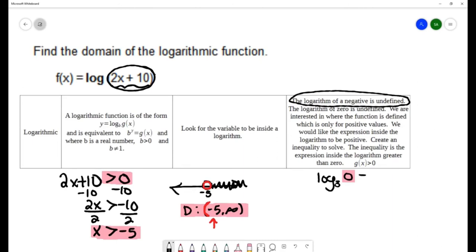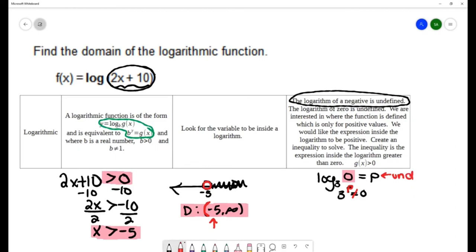Log base 3 of 0 is some power. If I write this as an exponential, that's 3 to a power equals 0. And when I do that, I'm following this relationship here. This is the definition of a logarithm. So when we think about this statement, 3 to a power equals 0, we come to realize that that can never happen. There is no power, no exponent that I can come up with that would give an answer of 0. And so we get this expression being undefined.